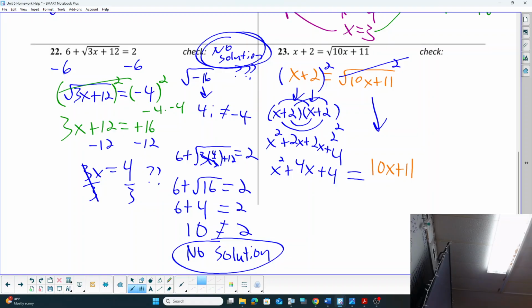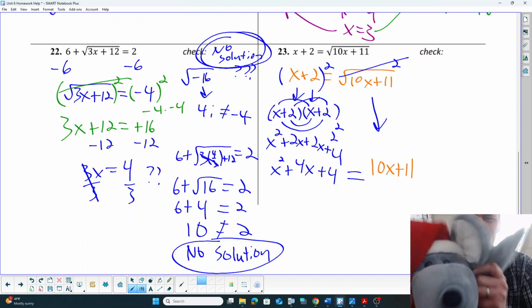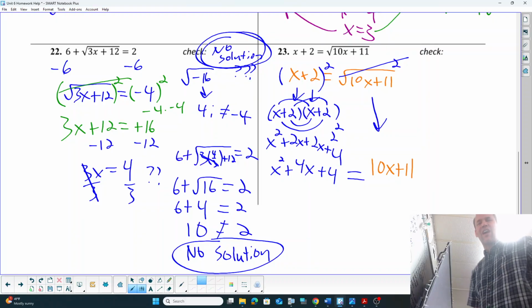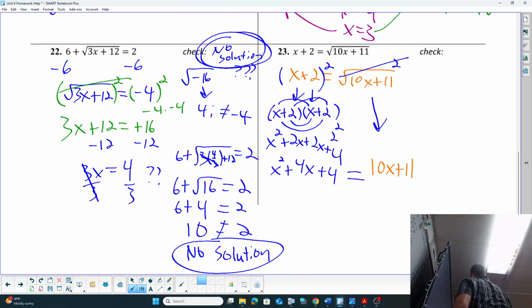The square root is gone. Now how do you solve this, right? So you do have to get everything to the other side and factor it. Don't forget to do that on the test.